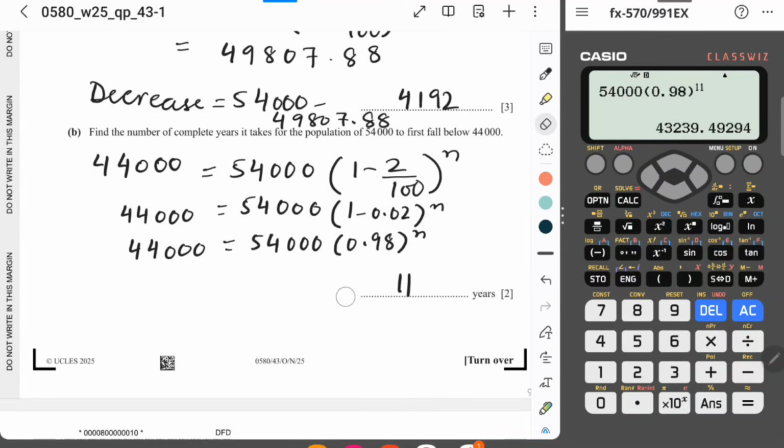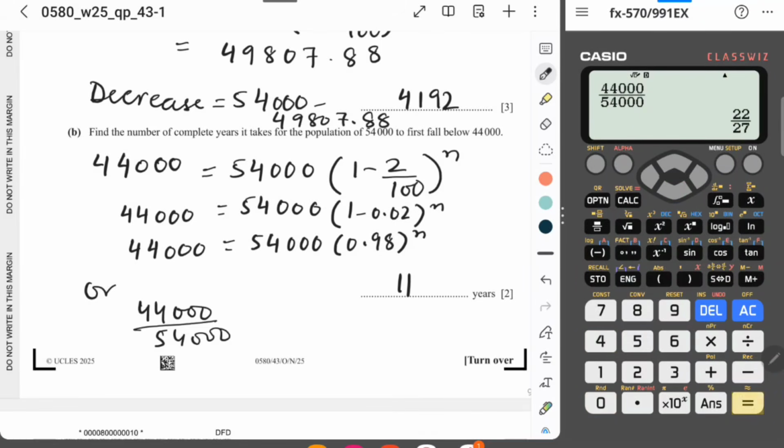Or you can do it by the log method as well. So what you can do is, 44,000 divided by 54,000 is equal to 0.8148.